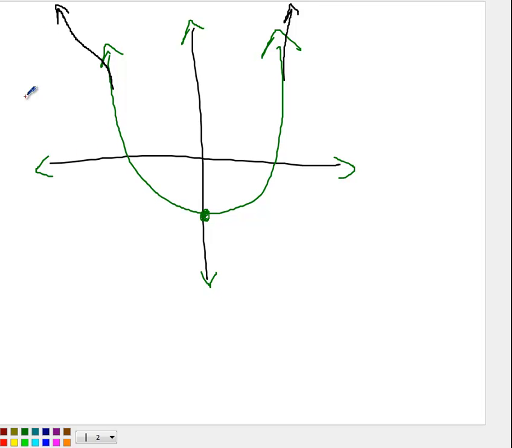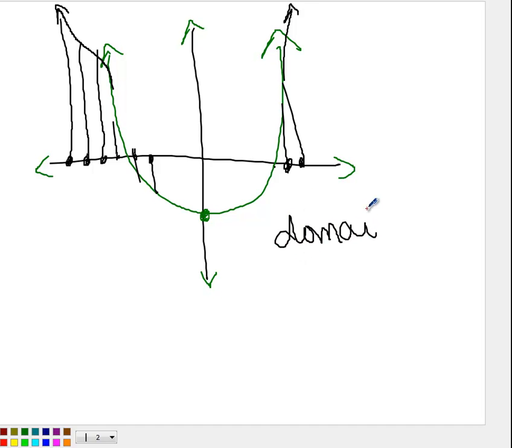So no matter where on that graph, you will always have an x value. Usually with graphs like this that are U-shaped, or if it's an upside down U, your domain is always going to be negative infinity to positive infinity.